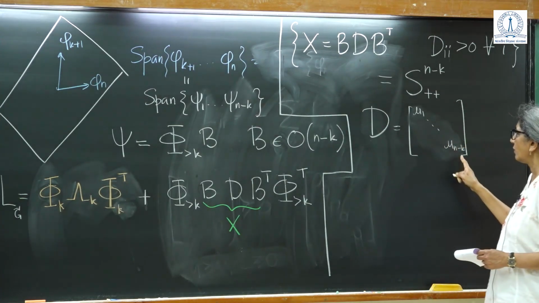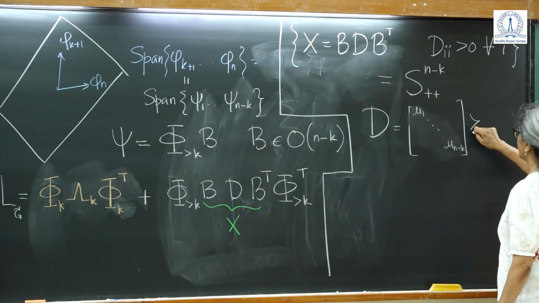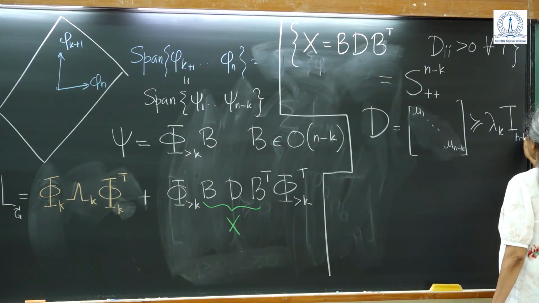I want all these to be at least lambda k, so we want D minus lambda k identity to be positive.